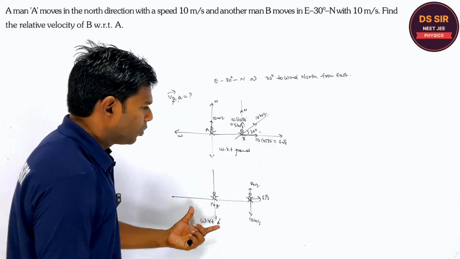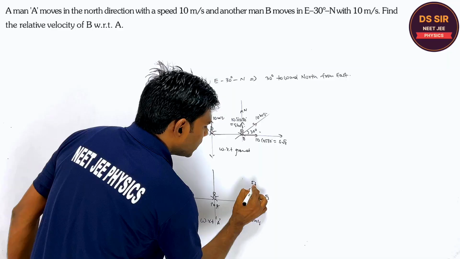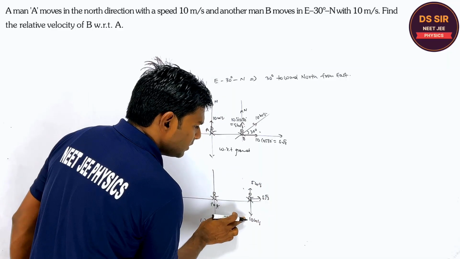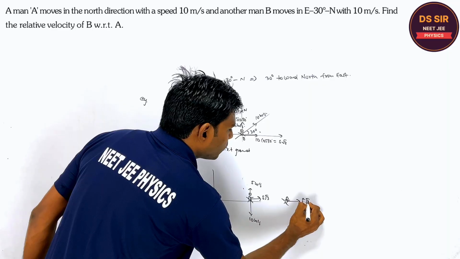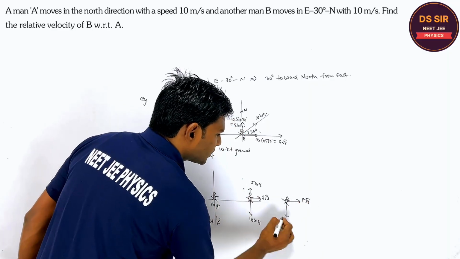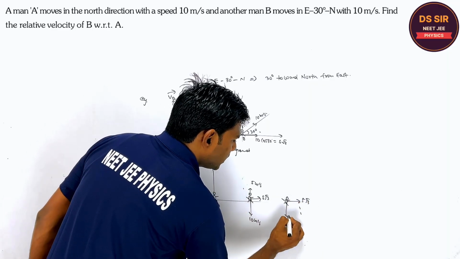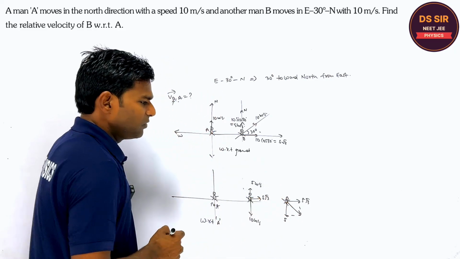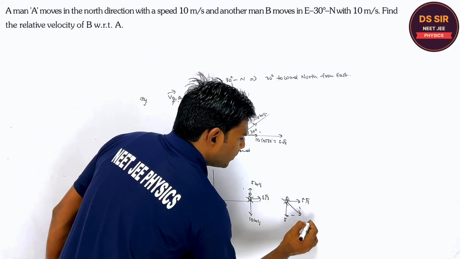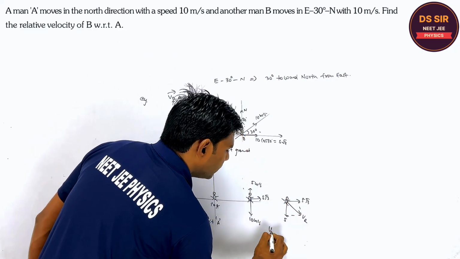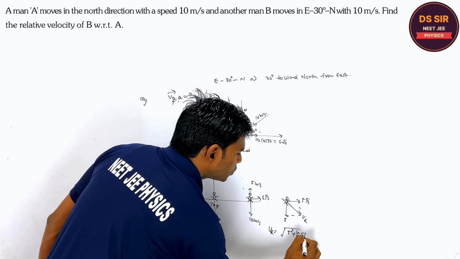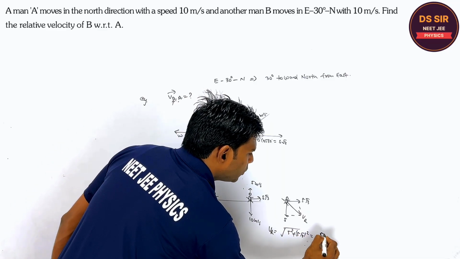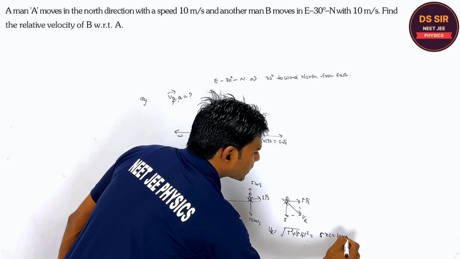So now what is the resultant velocity? If this is 5, this is 10. So the resultant velocity of this will be 5 root 3 as it is, and 10 minus 5, which is 5. So what is the resultant velocity? When you simplify, right, it will be equal to what? Tell me. It is equal to the square root of 5 square plus 5 root 3 whole square, which is 5 into 2, equal to 10 meter per second.